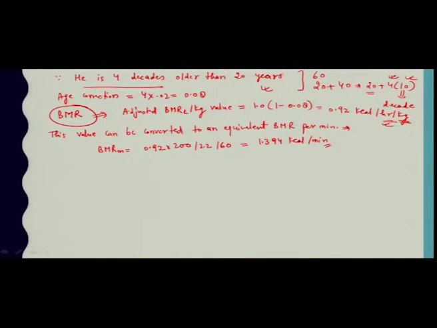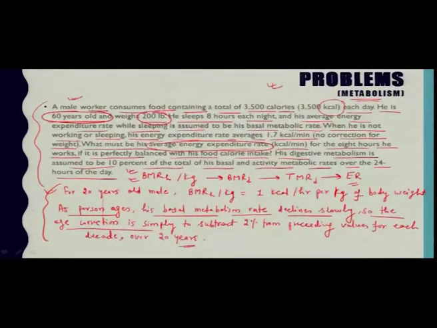So now since this particular BMR value per minute has been calculated, now the time is to calculate each energy expenditure rate for all the activities that he is performing. So what he is performing? He is performing sleeping, he is doing some work for 8 hours and other work also.